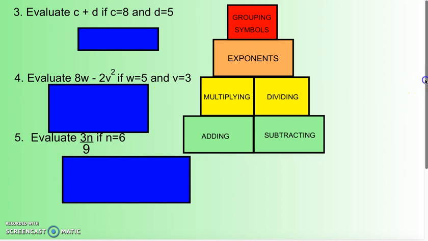It says evaluate C plus D. After observing the last two problems, what do you think you're going to do with this problem? It is a little different. Notice there are two variables, and so we need to figure out what we need to do to evaluate this and find the answer of this expression.